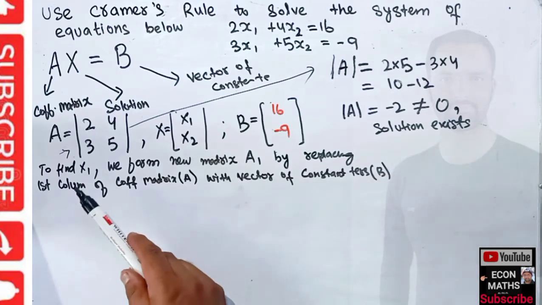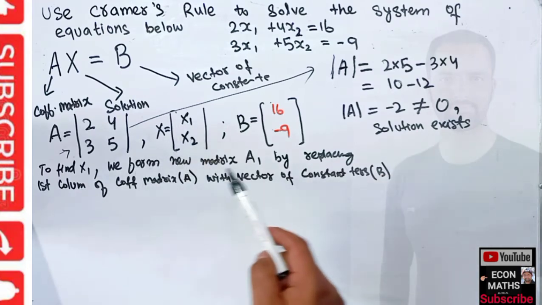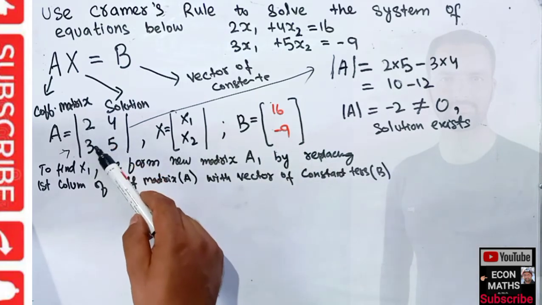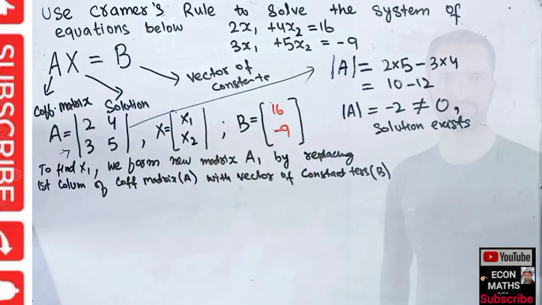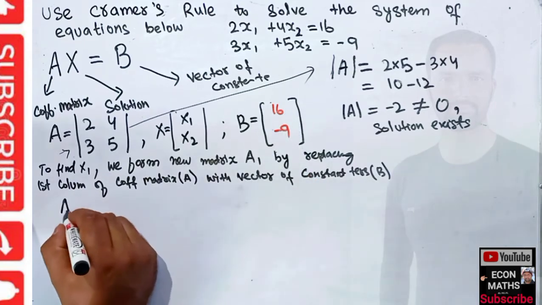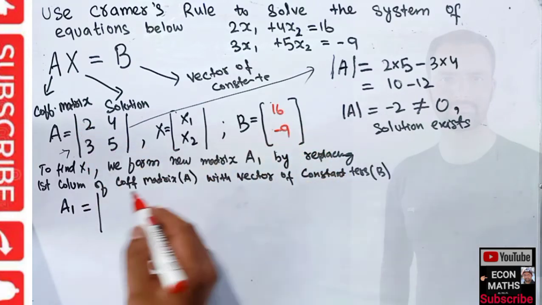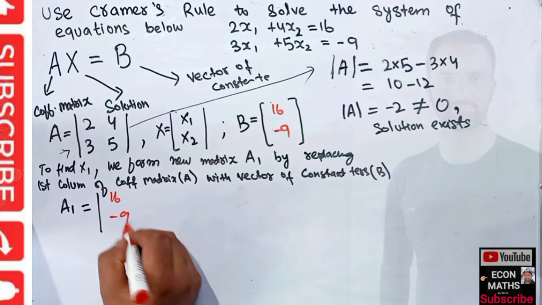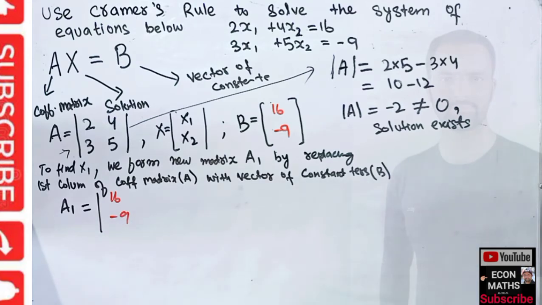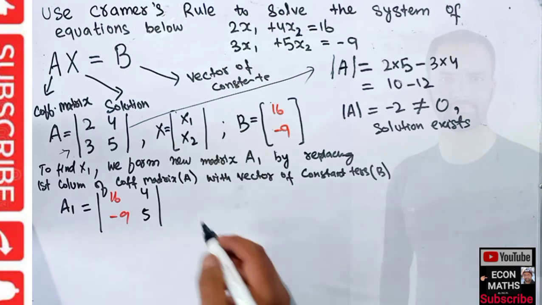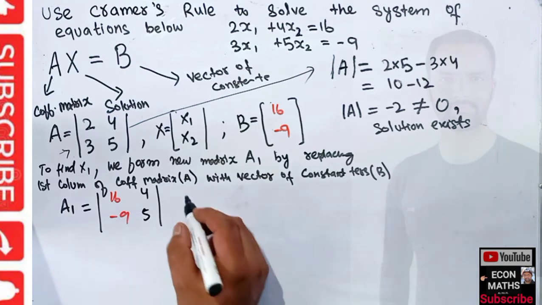Now, to find the value of x1, we form new matrix A1 by replacing the first column of the coefficient matrix with the vector of constant terms. So our A1 is equal to 16, minus 9 in place of 2, 3, and we have 4 and 5. This is our new matrix, and then we take its determinant.